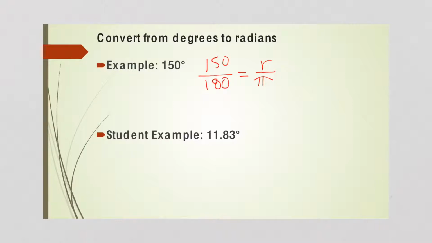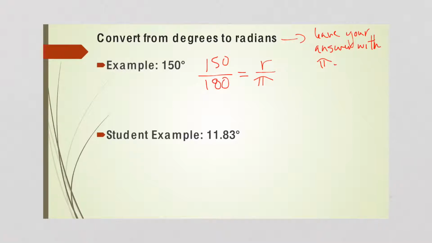And when you're talking about radian measures, leave your answer with pi. Do not use 3.14 at all for this unless you are explicitly asked to do so. 3.14 is no longer acceptable. We have to learn how to understand what pi actually is.